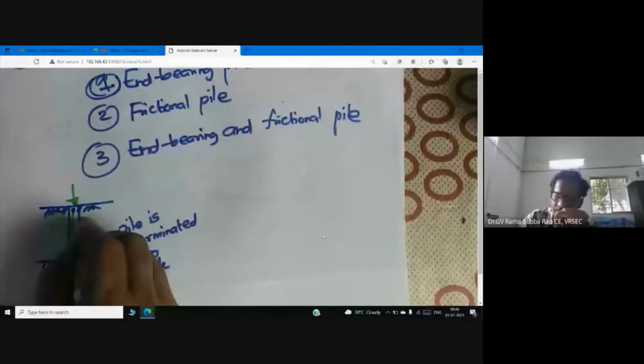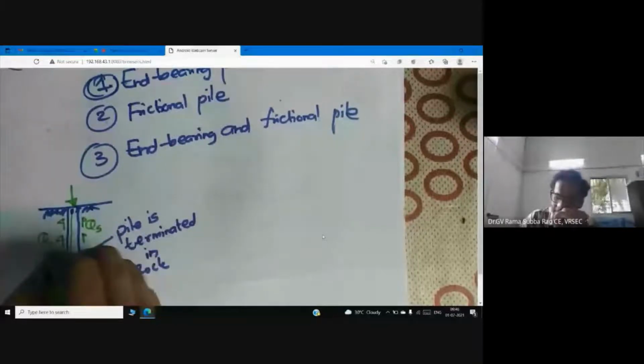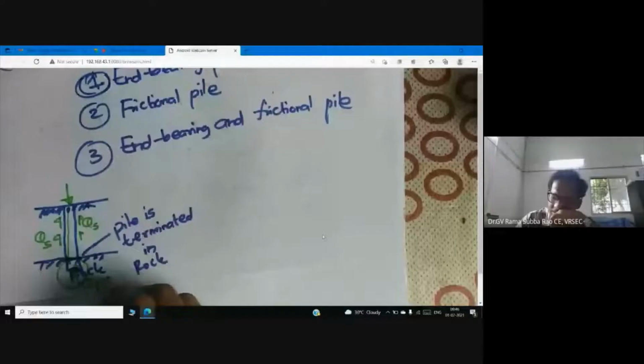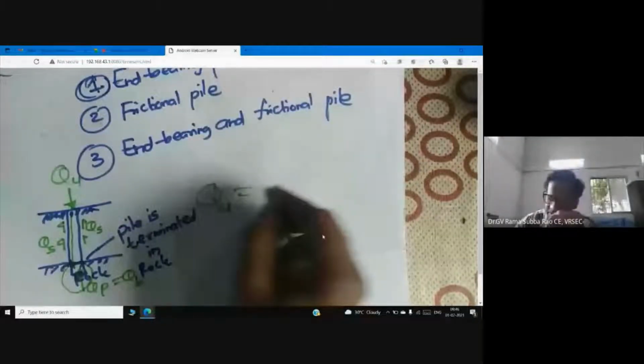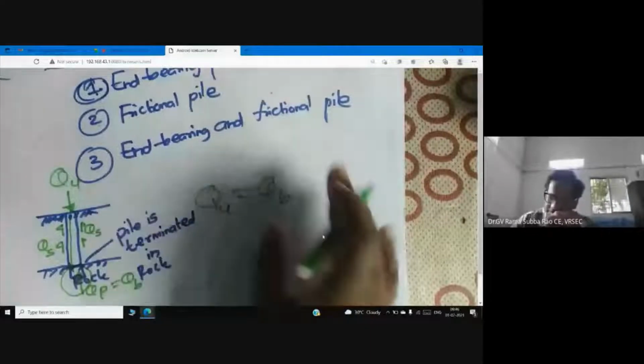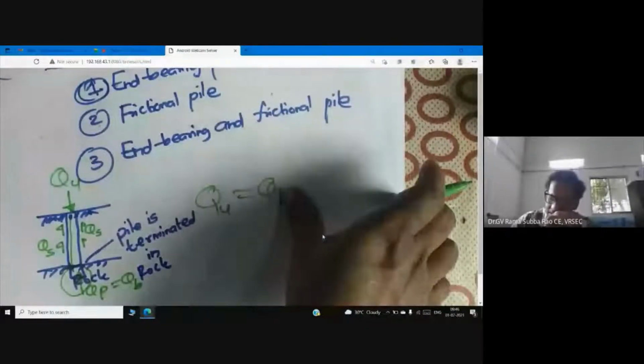The majority of the load is taken care of by the end bearing, QP. Some books write QB. We write the total load QU equal to QB. I can tell you once again, because this is the first time you are hearing all these things: QU is the ultimate load carried by the pile.